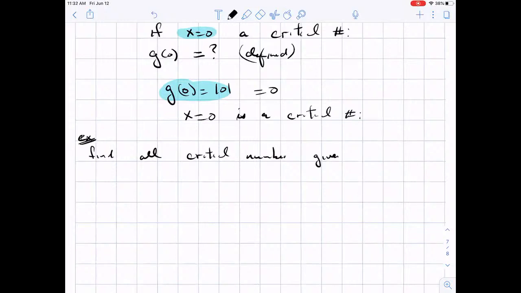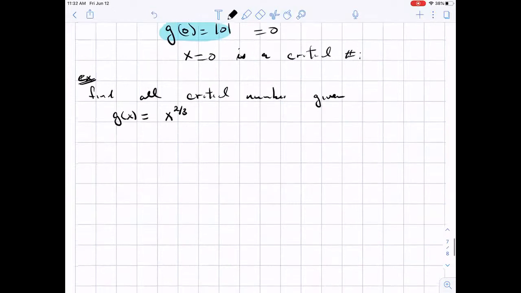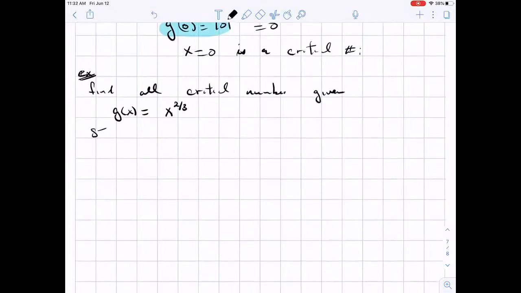Given g of x is now equal to x to the 2/3 power. So the first step is, all right, step 1, we go through the steps. What is g prime of x? Well, g prime of x will be 2/3 x raised to the 2/3 minus 1.